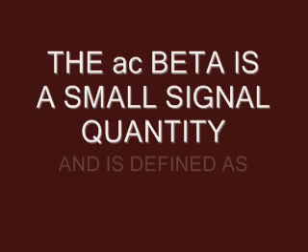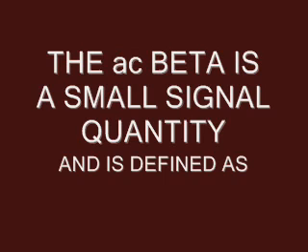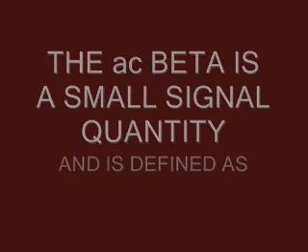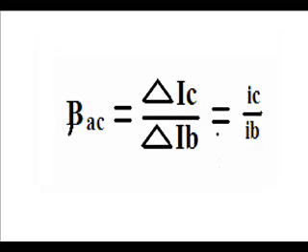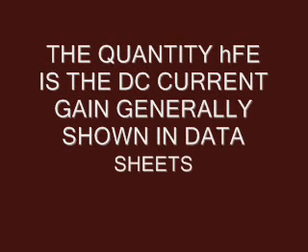The AC beta is a small signal quantity and is defined as beta AC is equal to delta IC over delta IB, or beta AC is equal to ic over ib. The quantity hFE is the DC current gain generally shown in data sheets.